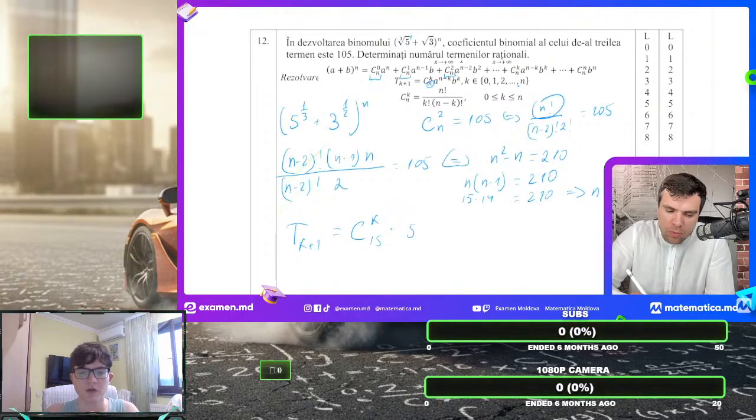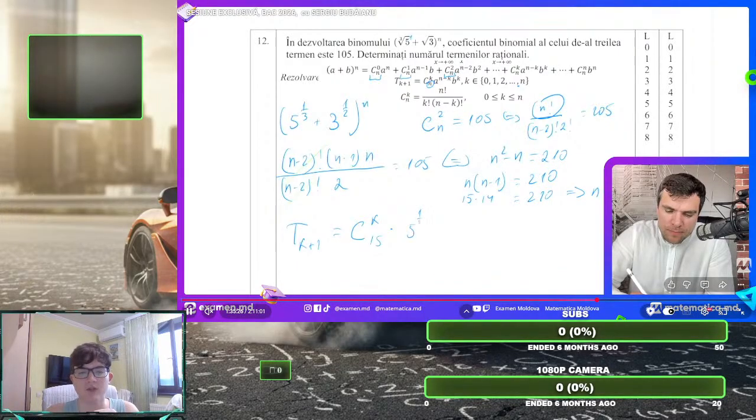Okay, so we just need to find out the k, so that we can find out the number of terms. So we're just going to do k plus 1, and that's the term, and we don't need to calculate the actual term, we just find out the T, and that's it. So C15k right there times 5 to the power of 1 divided by 3 for the first term, and all of that to the power of n minus k, which is 15 minus k.